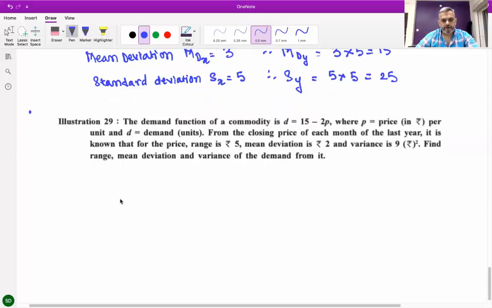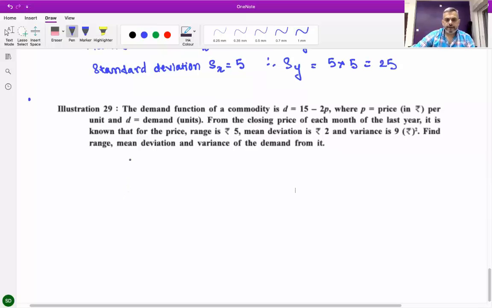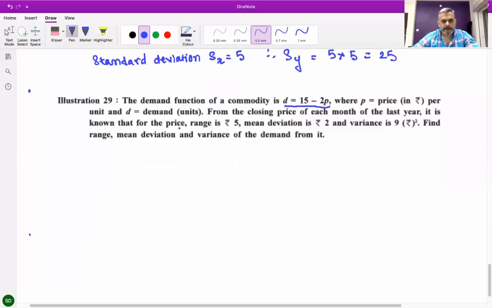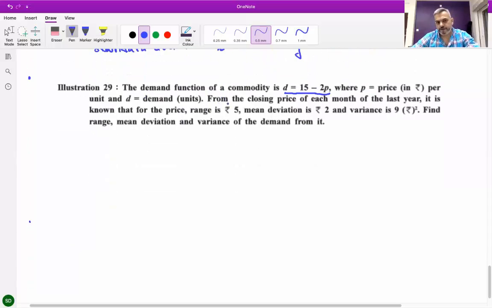Okay, illustration 29. Now the demand function of a commodity is D equal to 15 minus 2 into P, where P is the price in rupees per unit and D is the demand in units.